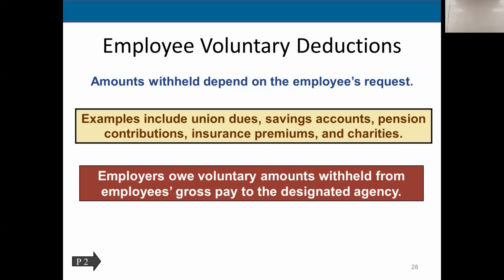So I know here locally, sometimes you'll see United Way listed as a recipient or one of these charitable organizations. If you designate and request that your employer withhold money for United Way, your employer is responsible for forwarding that withheld contribution to United Way.